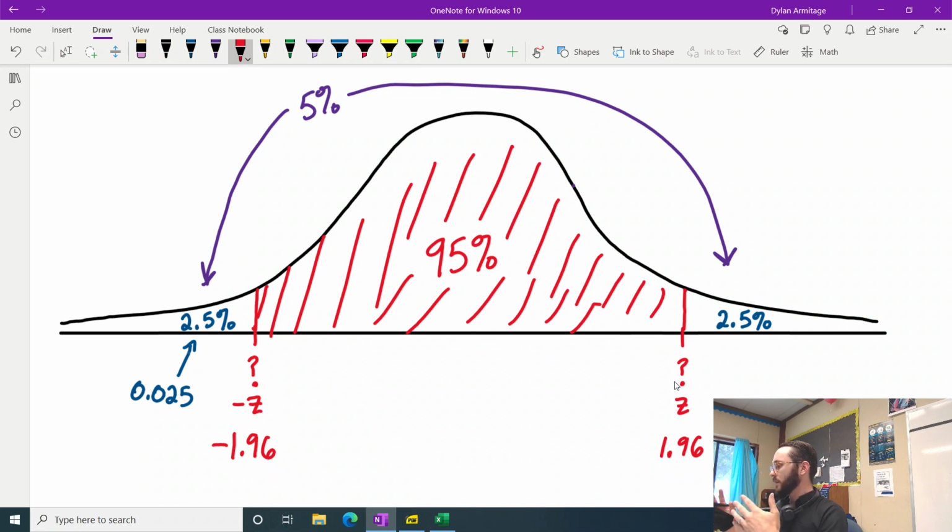Okay, so let's see here. What's the area to the left of that value, of that z-score? Well, that's 95% plus 2.5%, or 0.975.